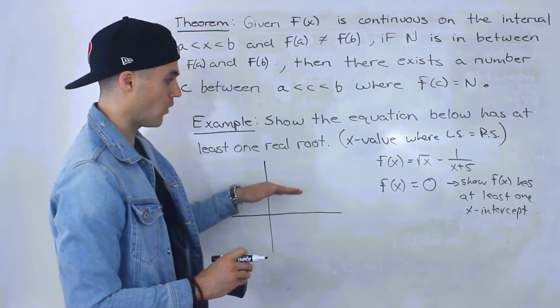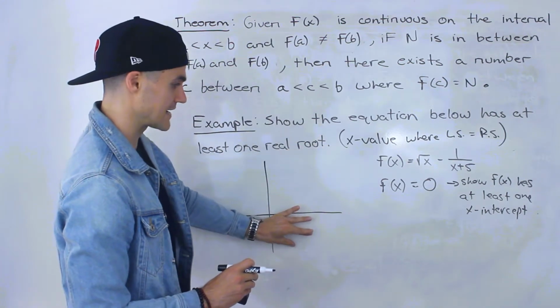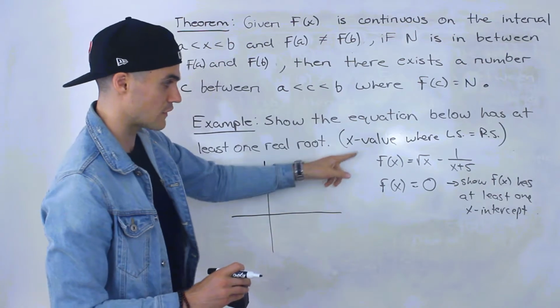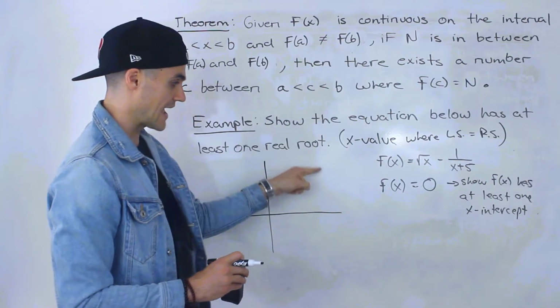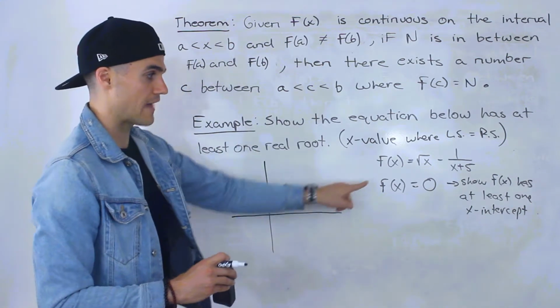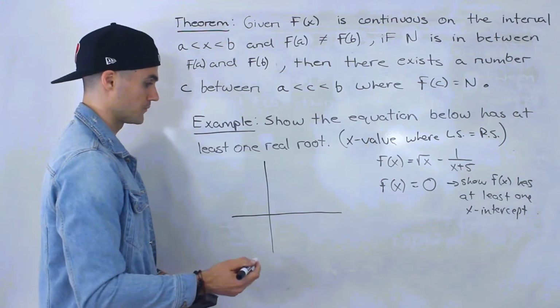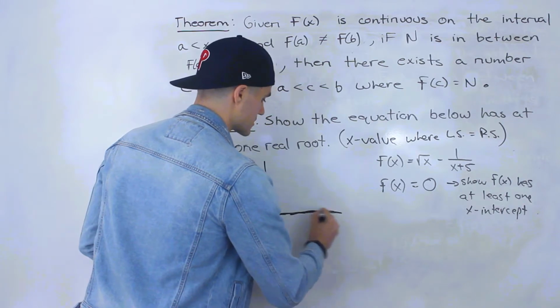Because if one of our x values has a positive y value and the other has a negative y value, then we know that within that interval, since the function is continuous, it has to cross the x-axis at some point. And that would show that f of x has at least one x-intercept or one real root. Right? We have to show that it's going to cross right here.